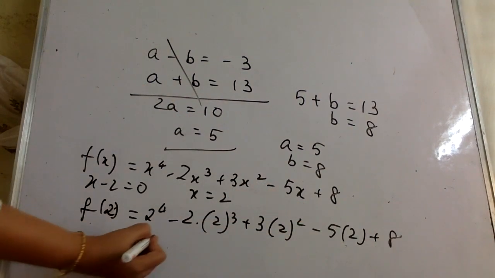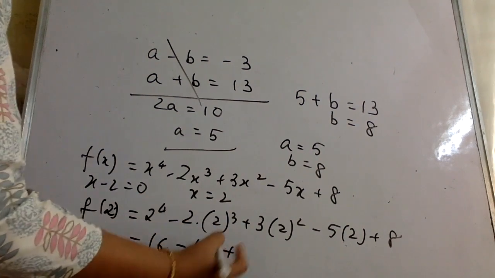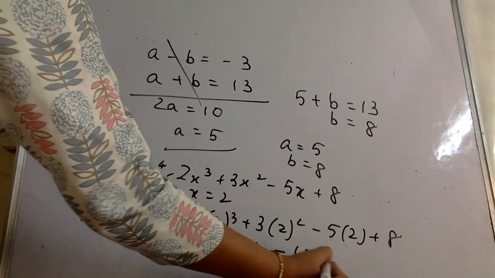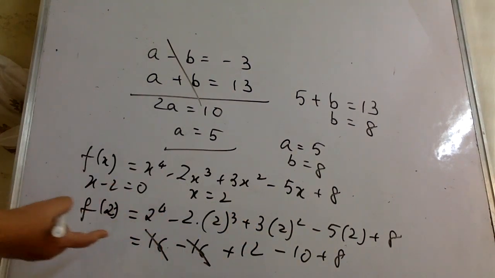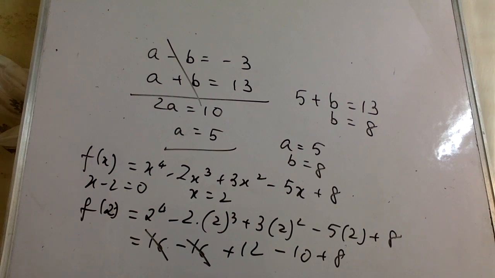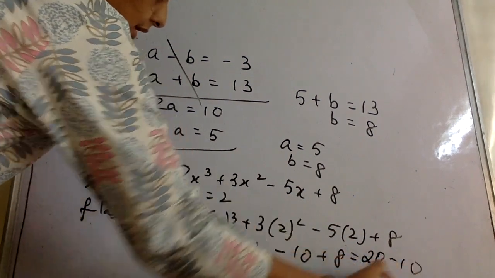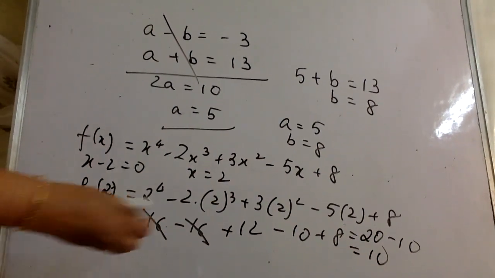That gives 16 minus 16 plus 12 minus 10 plus 8, and please don't waste time in unnecessary calculations, that gives me 20 minus 10, which gives me 10. Okay, so this is my final answer.